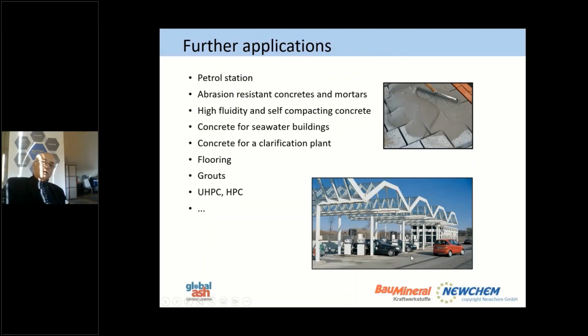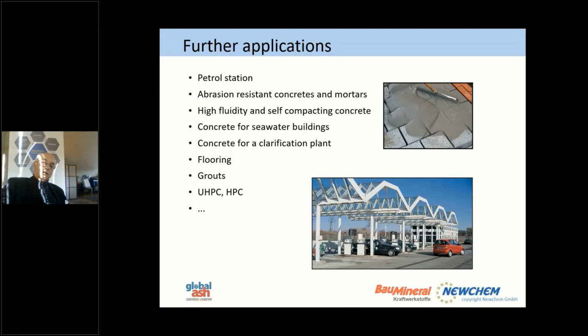Now because of the denseness of these concretes, we have made up formulations for petrol stations, where you naturally also have de-icing salts in the winter when the tires of the car bring it to the petrol station. On the other side, you may have leaks and petrol which is spilled on the surface.